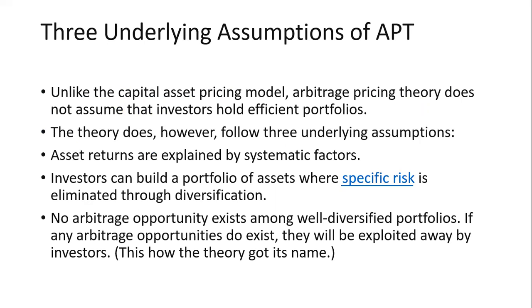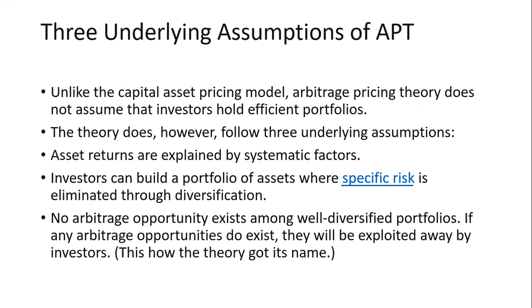Here it assumes that the specific risk associated with a portfolio can be managed through diversification of the portfolio. Third, no arbitrage opportunity exists among well-diversified portfolios. If any arbitrage opportunities do exist, they will be exploited away by the investors.